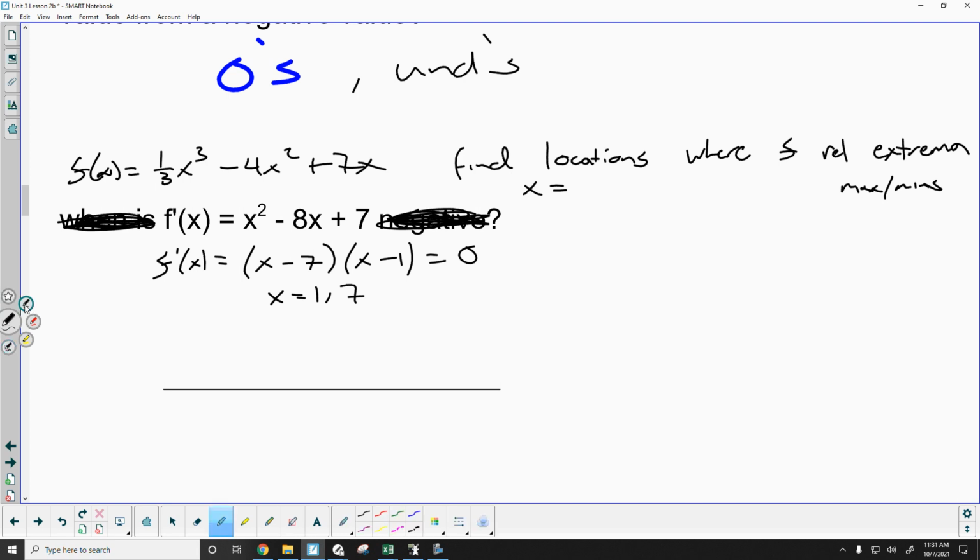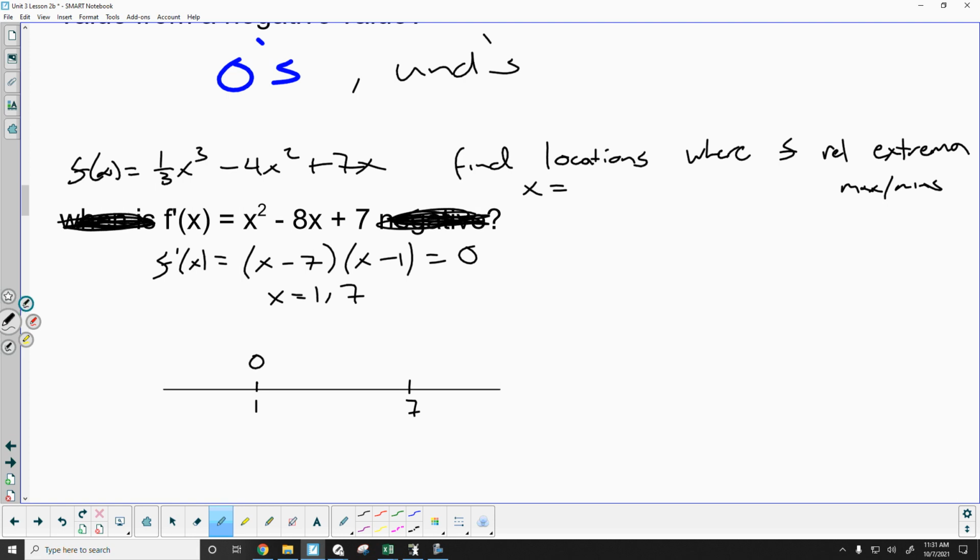All right. So you got your critical points. You throw down a number line. You throw down your critical points on the number line, making sure you leave a little bit of space to the left and a little bit of space to the right, because we have x values that are bigger than 7 and x values that are less than 1.